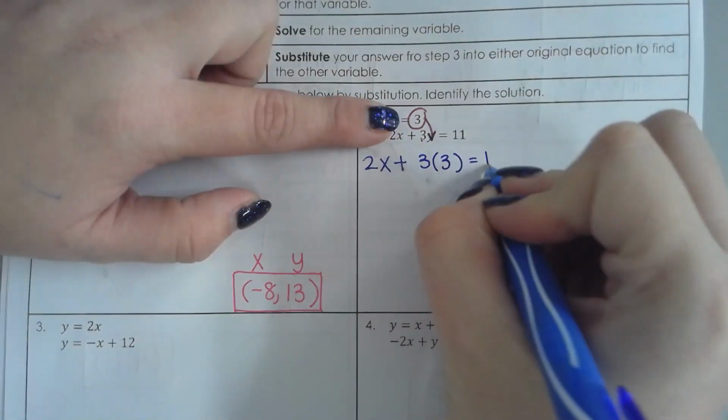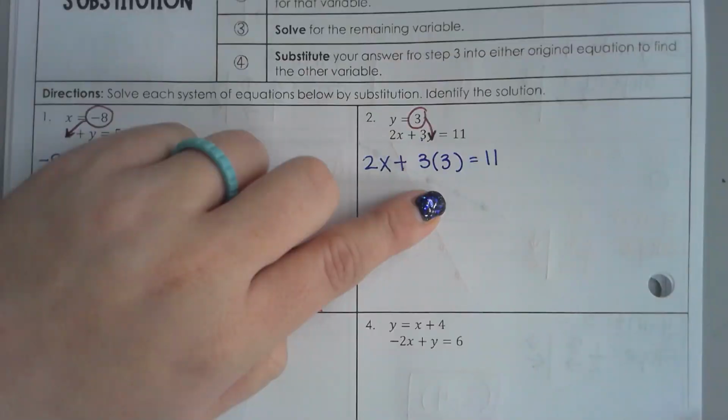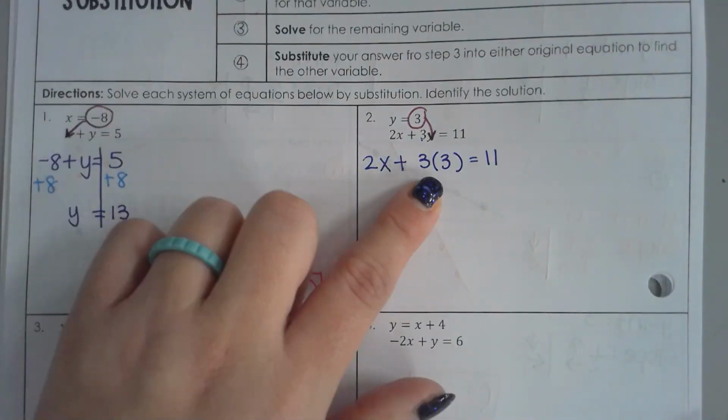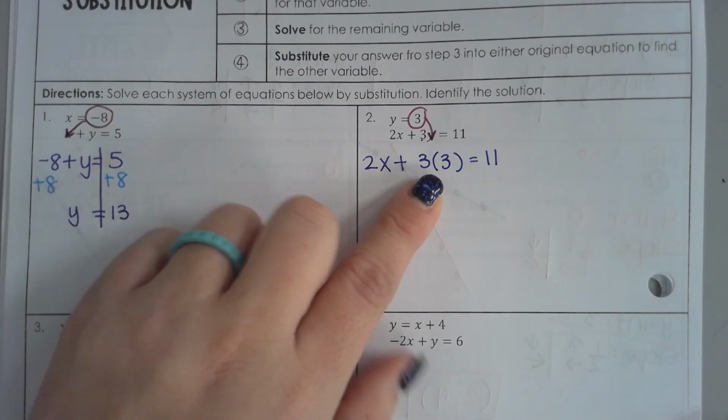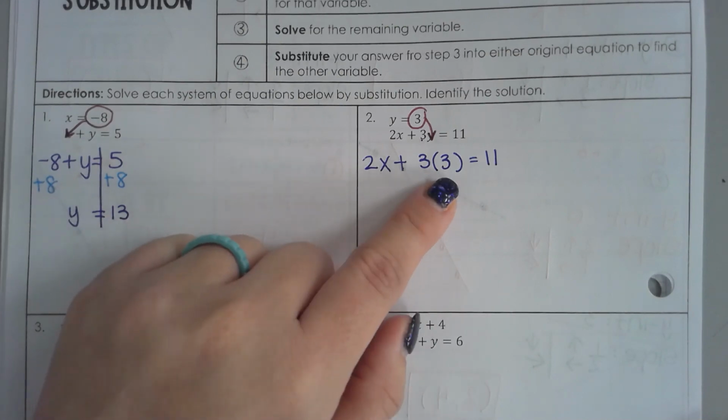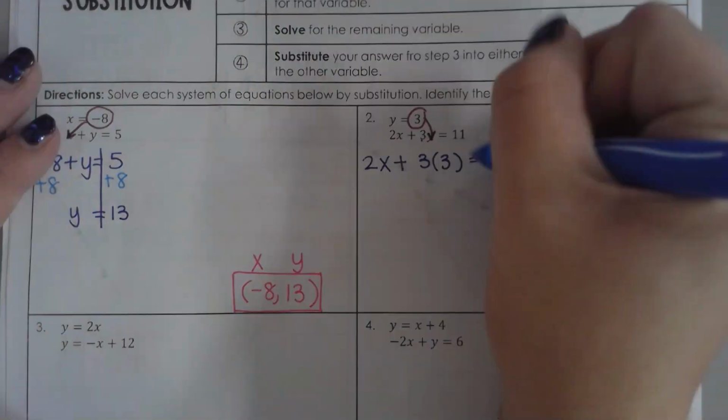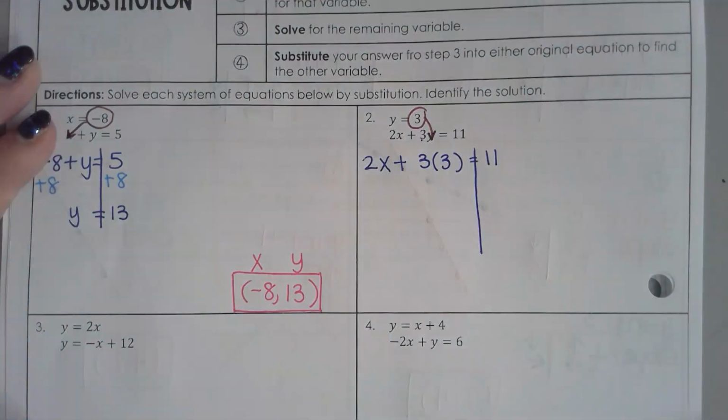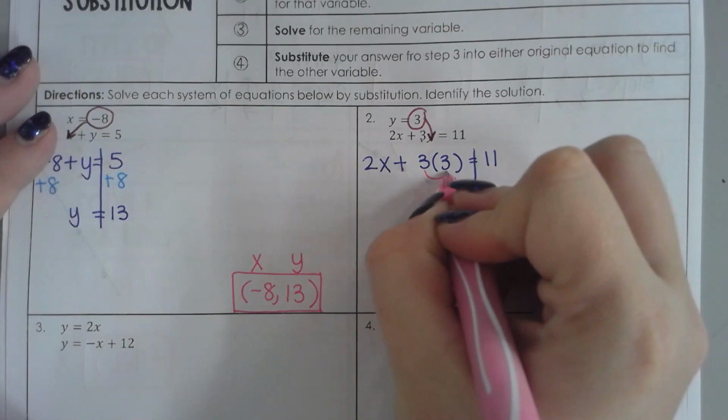Parentheses. That's not 33. So we need to go ahead and multiply 3 times 3.